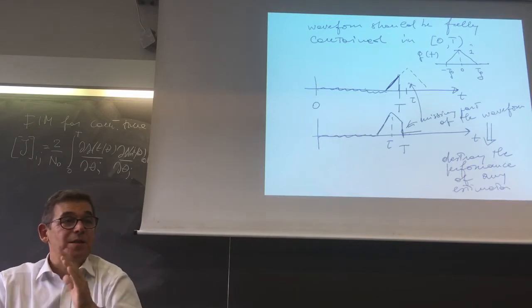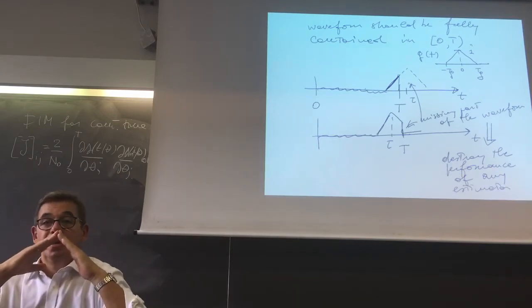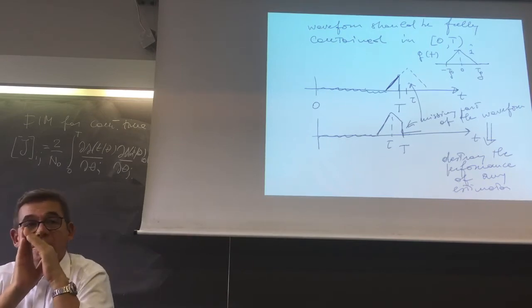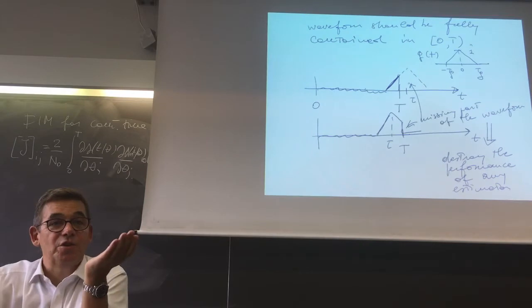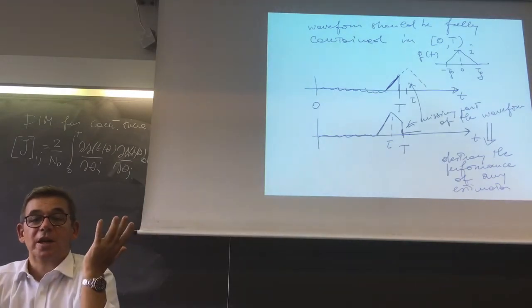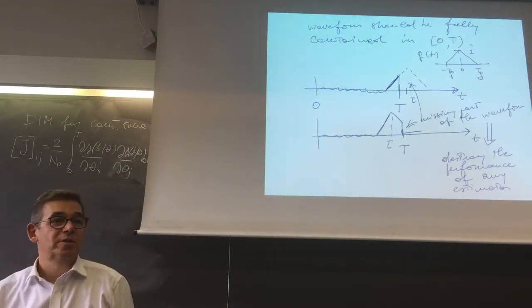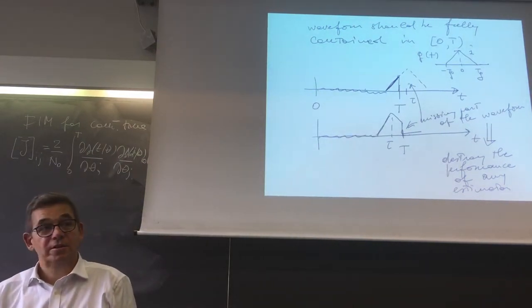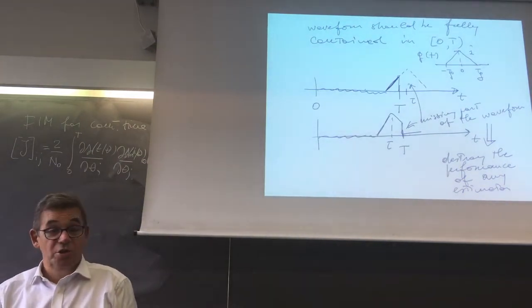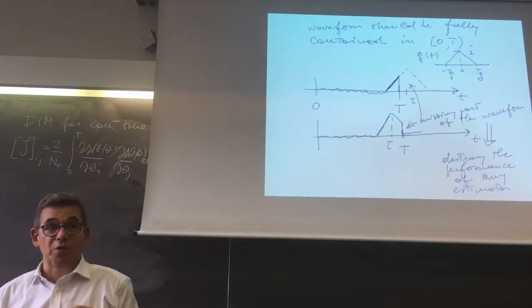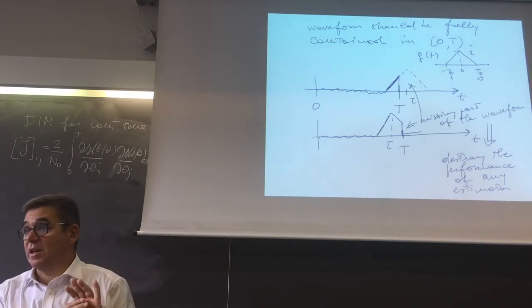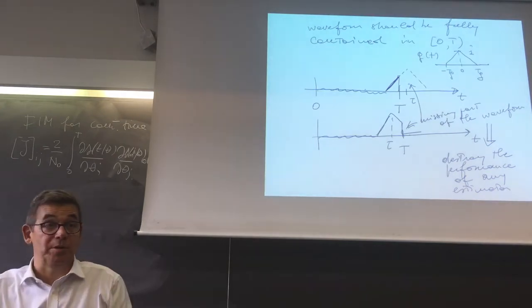Because simply, the estimator expects a triangle. You give as data something that is a piece of a triangle. It's like if you expect to see a person and you see just a piece of a person. You don't know what to do, right? So, when you estimate something, you are setting a model, and the model should be made in such a way that it is representative of the experiment.